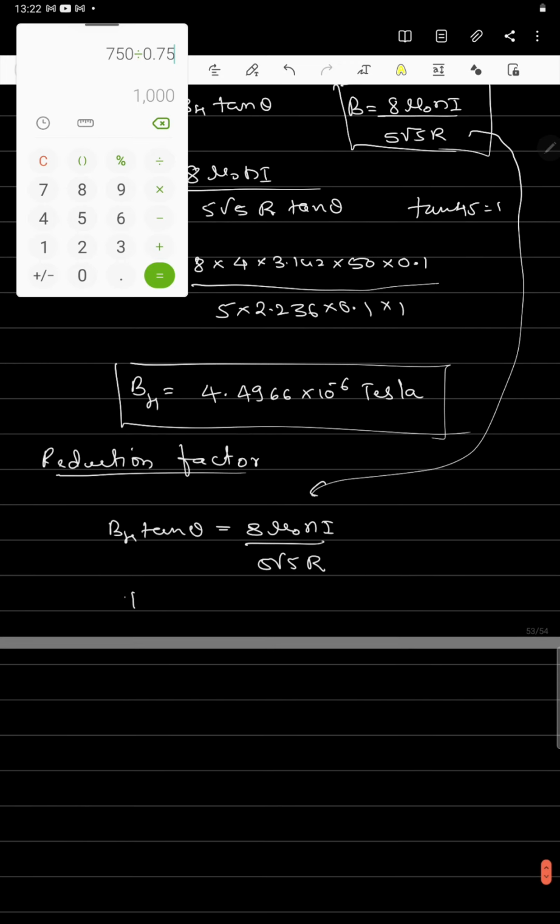So we can find the current here. The current equals 5 root of 5 into R into BH divided by 8 mu naught N into tan of theta.